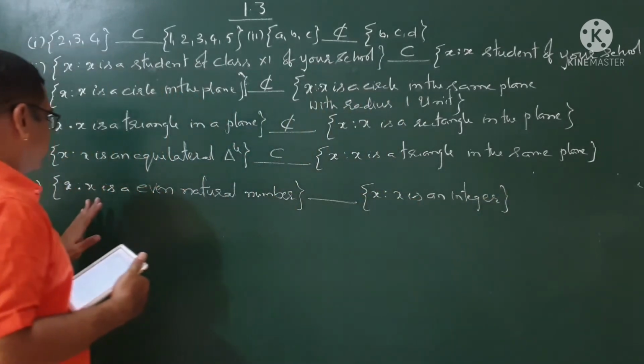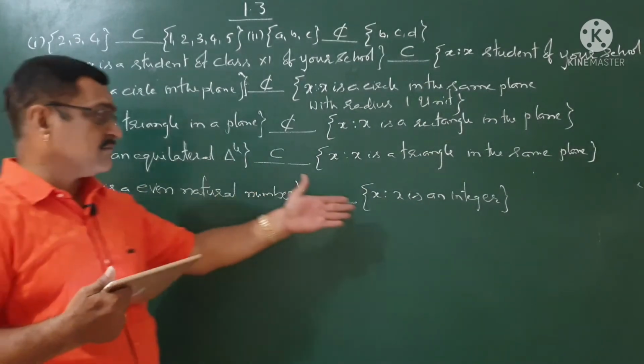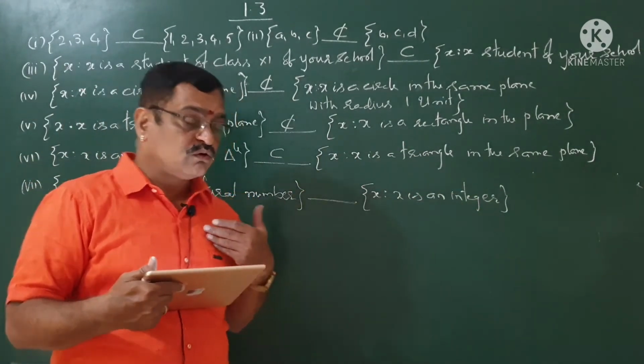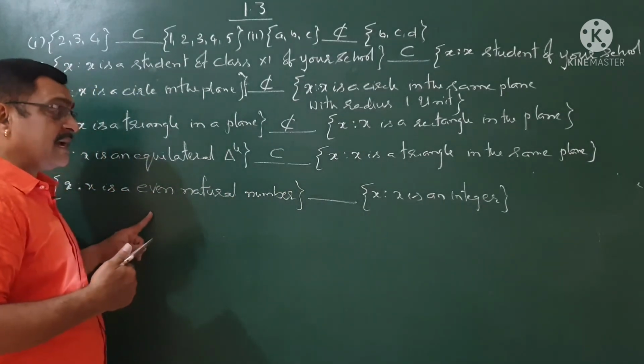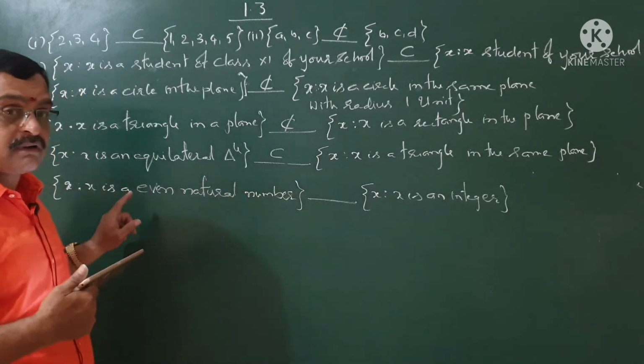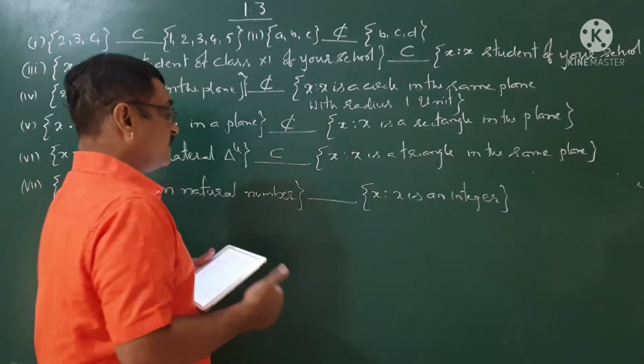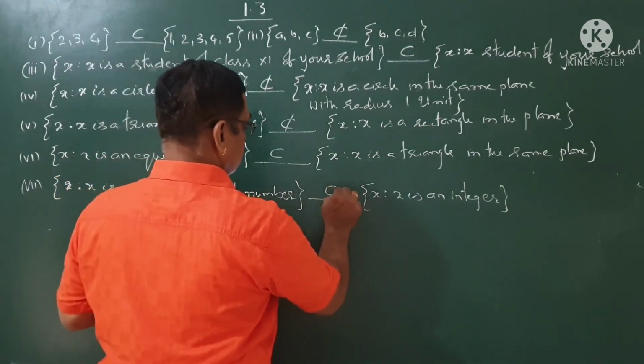The first set is the set of even natural numbers, whereas the second one is the integers. And you know very well that every even natural number is an integer. Therefore, every element of the first set belongs to the second set. Therefore, it is a subset.